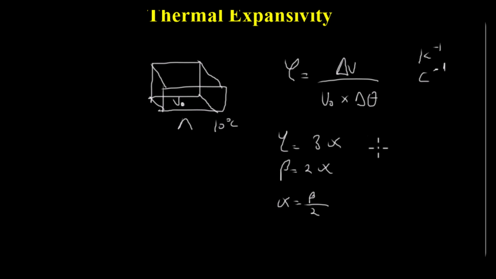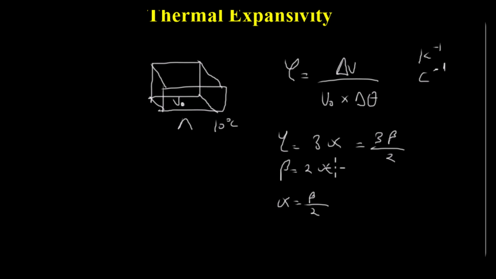So for gamma, if we know the area expansivity, we just need to apply this. So we can say 3 beta over 2 gives me my cubic expansivity. So no matter what you are looking for, you can substitute this and find the missing quantity that you're looking for.